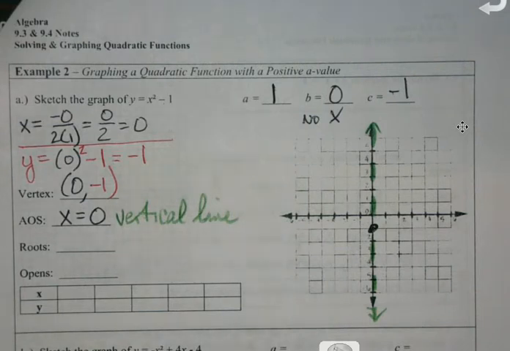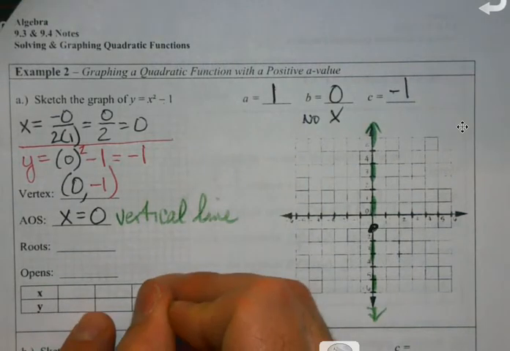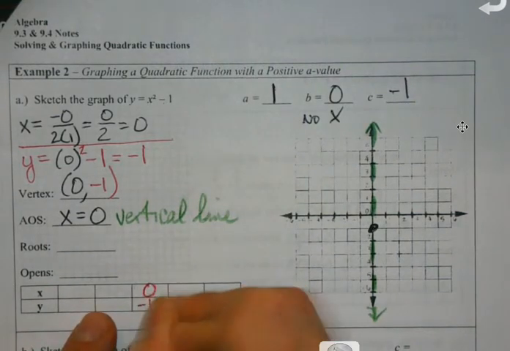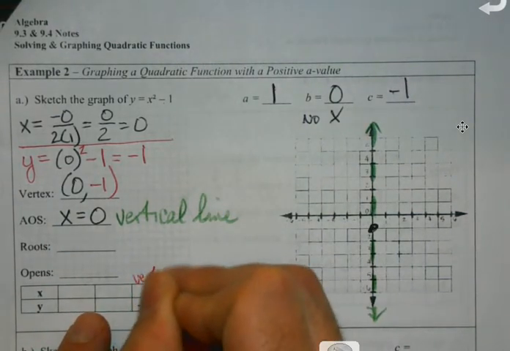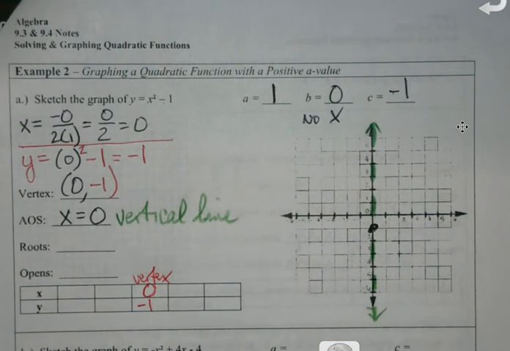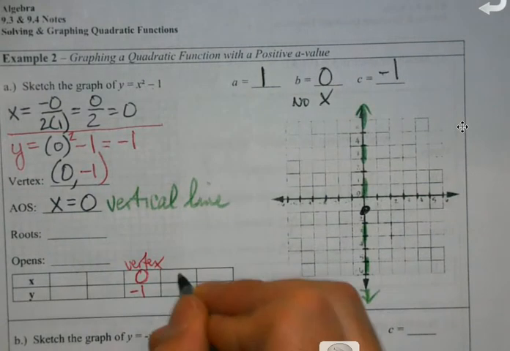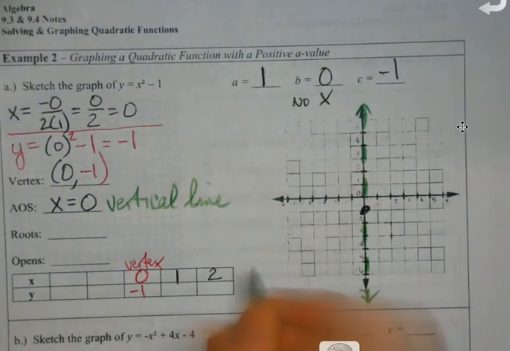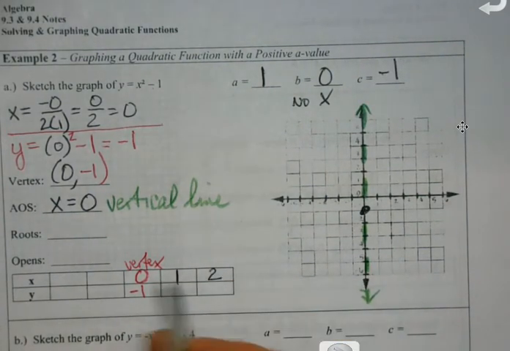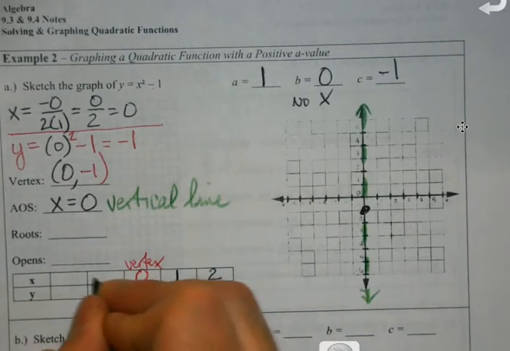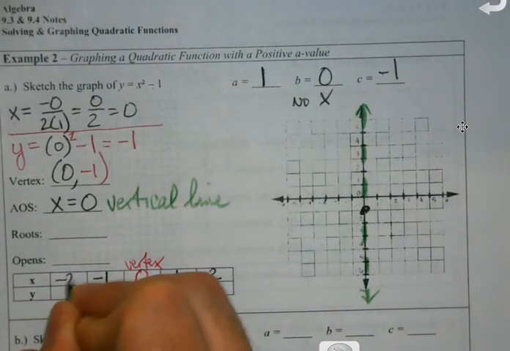So here's how this is going to work. We got this chart. My vertex always goes in the middle. So once I find the vertex, that's the center of my chart. And to find the other values, I just start adding 1 as I go to the right. So 0 plus 1 is 1, plus another 1 is 2. And I subtract 1 each time as I go to the left.